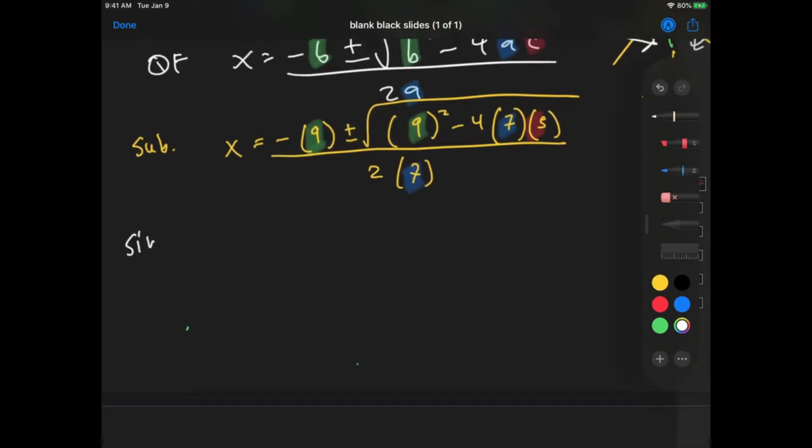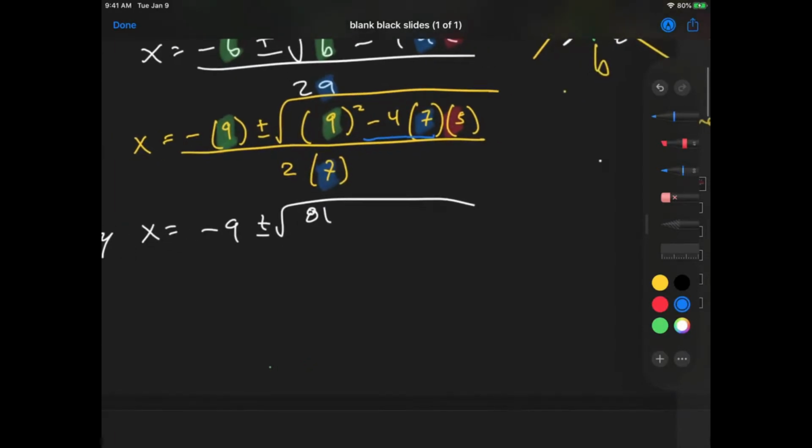We're going to simplify. x equals negative 9 plus or minus the square root of 9 squared, which is 81, not 18. And then negative 4 times 7 is negative 28, and a negative times a positive is a negative.